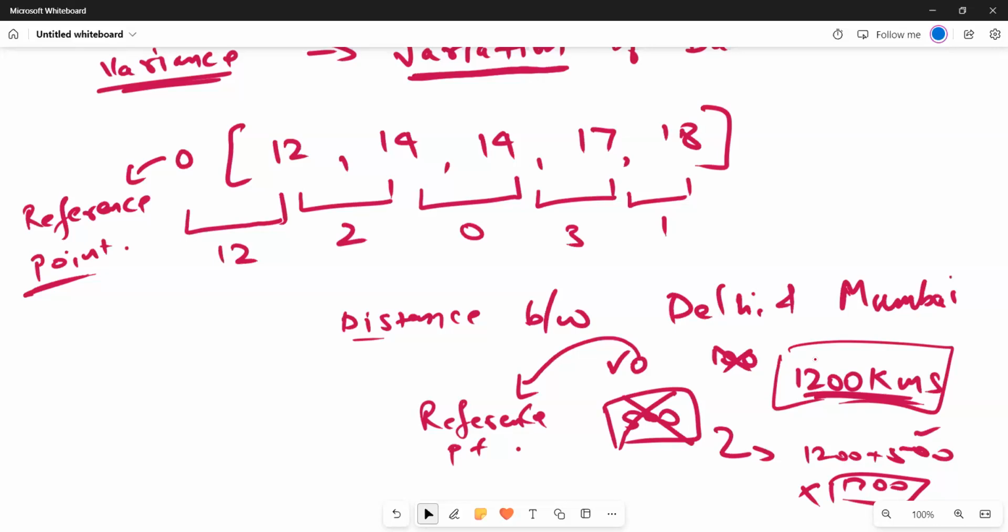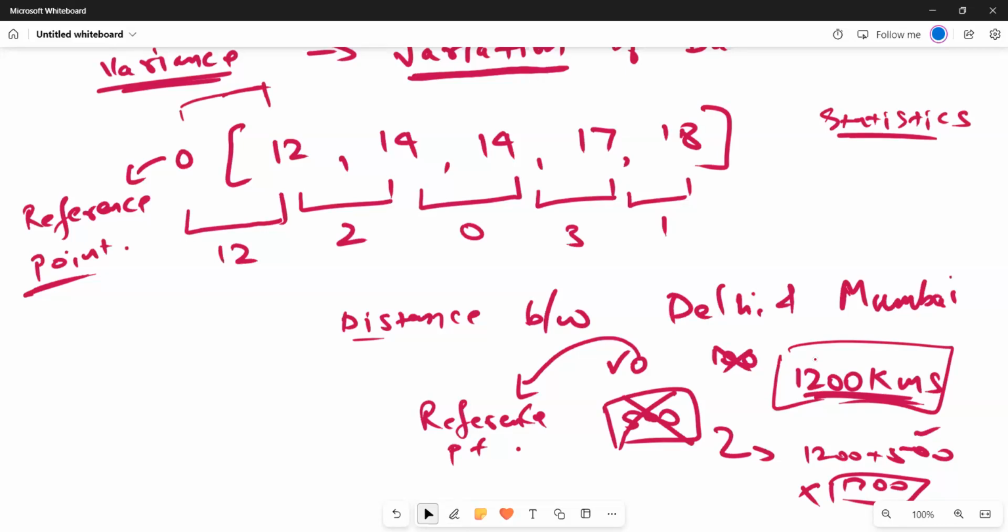Now, there's a problem. When you're dealing with statistics, the problem of the reference point being taken as zero is that the difference between the origin and the first point that you have will be very large with respect to other differences.